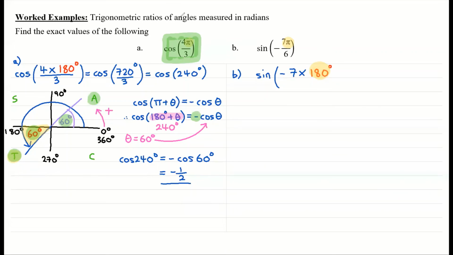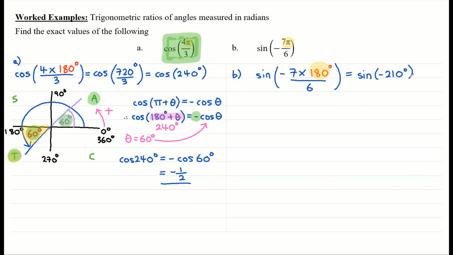All right, we'll divide that by 6. Okay, and this is going to give us the sine of negative 210 degrees. Okay, so we've got that converted into degrees.